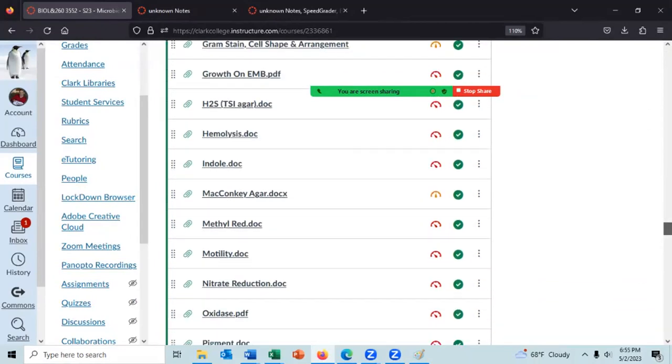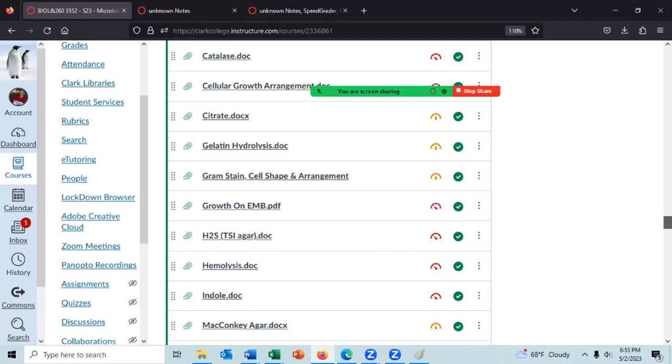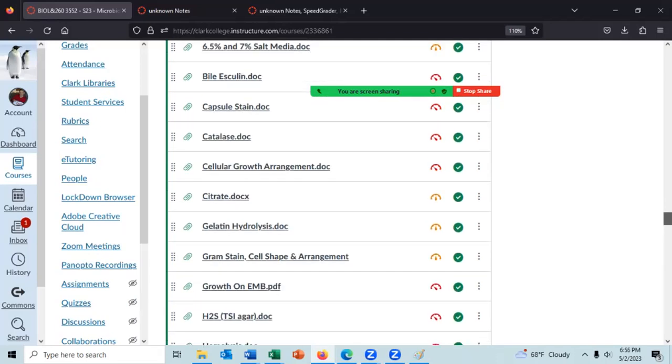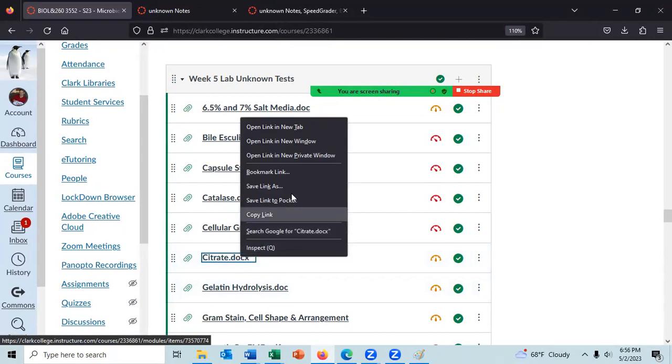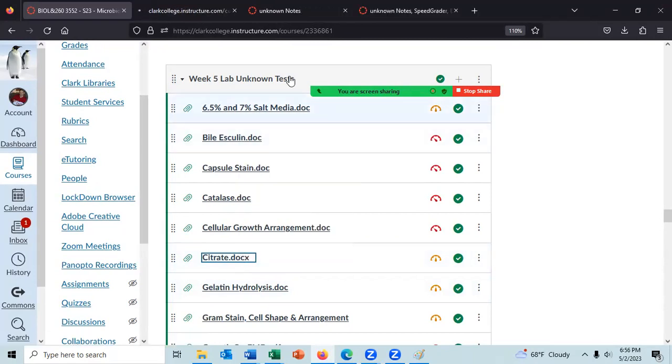And you need to read up on the tests you're requesting. And one of the things you can do is find out how long the test takes. Like I told you, the gelatin hydrolysis test takes a week to run. You have to grow it at room temperature and it takes a week to run. Most of the tests take 2 days to run, like citrate takes 2 days to run.